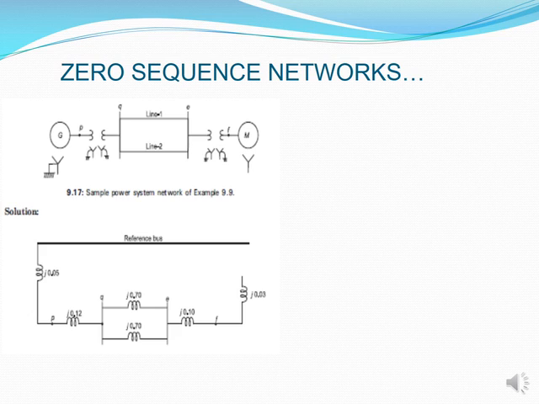You can see that for the generator there is no impedance going down to earth, so it's just the generator impedance that I'm putting in. Then you can see how your transformer is connected because it's a star to star, that is earthed, and then my two lines and then going out. I'm not connecting back to my reference bar because that star connection for the motor was not earthed.